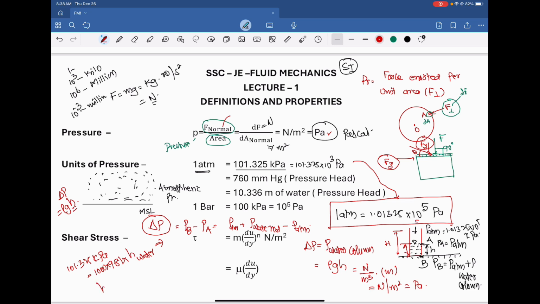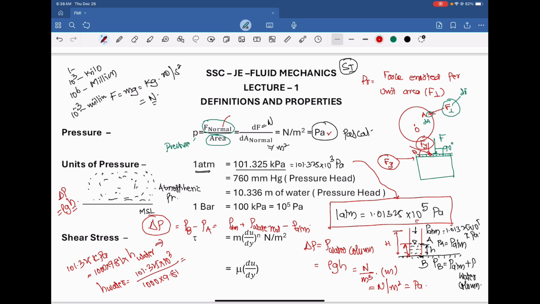Now, what will be the height of water for 1 atmospheric pressure? 101.325, we can convert it as 101.325 into 10 cube divided by 1000 into 9.81. That is the water.